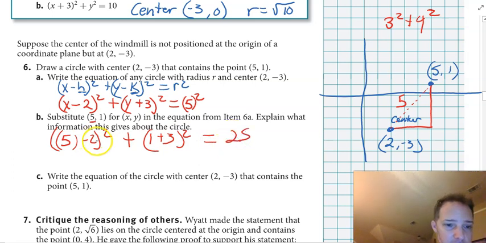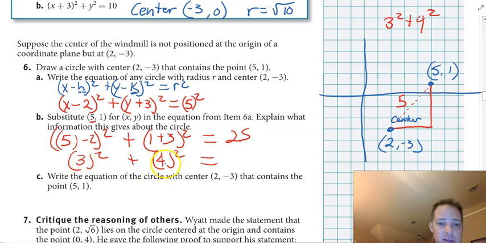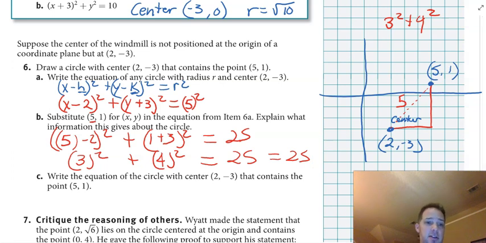So let's check and make sure 5 minus 2 is 3 squared plus 4 squared. And sure enough, 9 plus 16 is 25. It does equal 25. So that means that is a solution. That is a point on this circle. Any xy coordinates that are solutions are points that are on the circle.